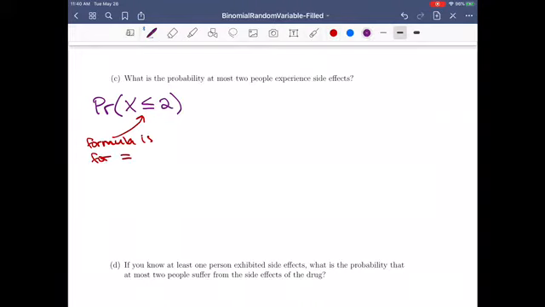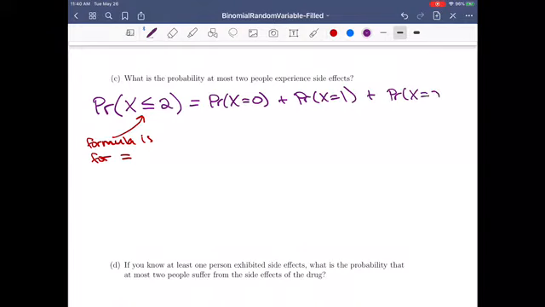So what we need to do is split this into cases so that we have equality. The only way X is at most 2 is if X is 0, or if X is 1, or if X is 2. So we can add up those probabilities.